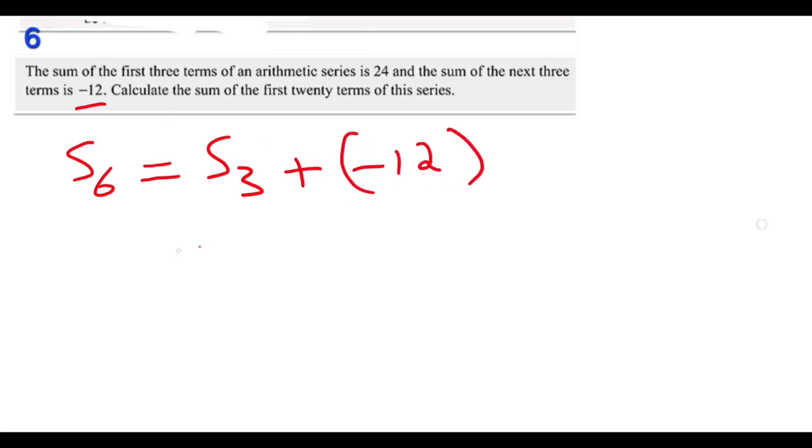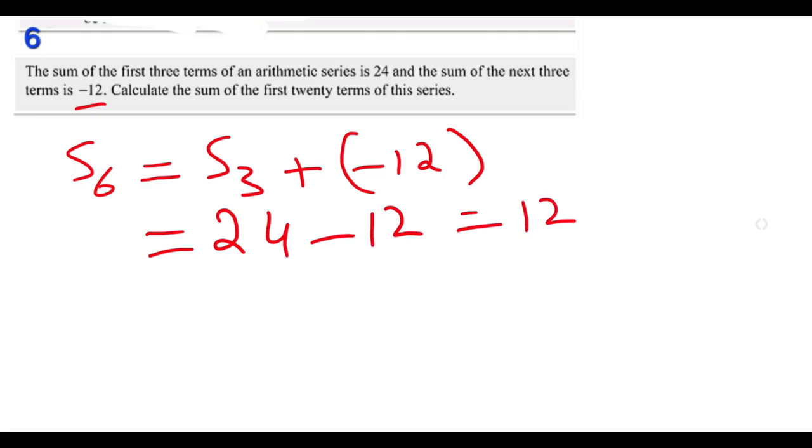Now he said that the sum of the next three terms is -12. Which means the sum of the first 6 terms, S6, is equal to S3 plus this -12. S3 we already got, 24, and minus 12, the answer will be positive 12.